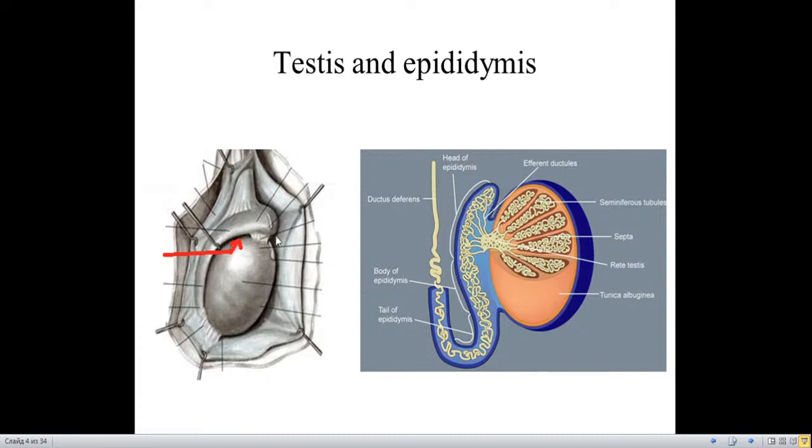So epididymis has three parts: head, caput epididymidis, body, corpus epididymidis, and tail. Inside, the epididymis has ductus epididymidis, which gets sperm from the efferent ductules. After its tail, the duct of epididymis continues as vas or ductus deferens.